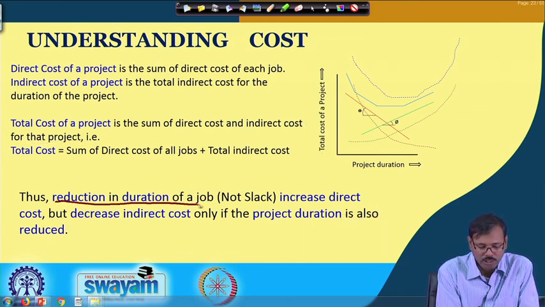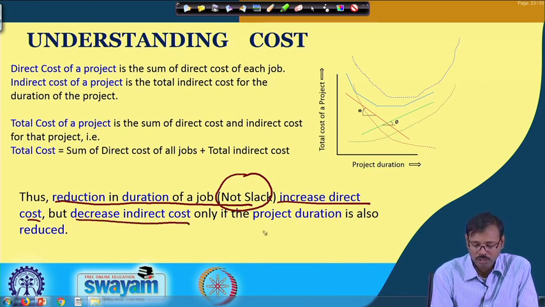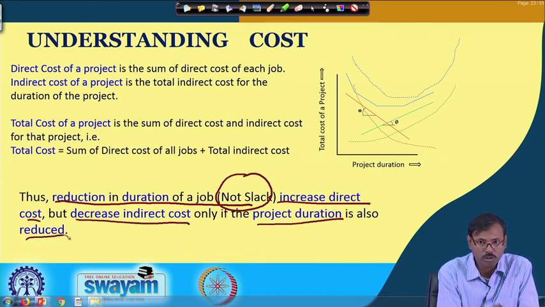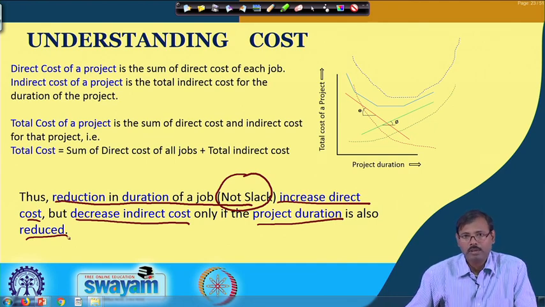Reduction in duration of jobs, if it is not slack, increases direct cost and decreases indirect cost if the project duration is also reduced. That means, in our example, if you reduce the critical job, then only the project duration will be reduced and the indirect cost will be reduced. Otherwise, the indirect cost will not be reduced.